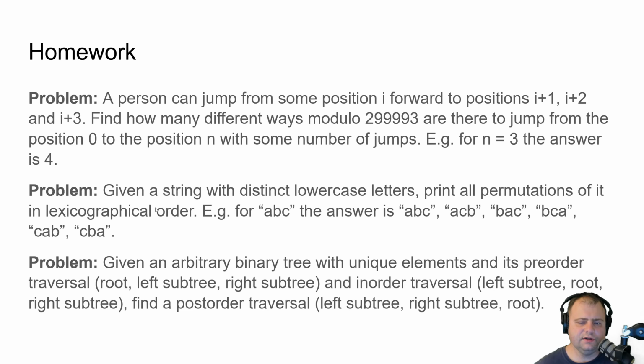So for permutations, since it's distinct, it's not that hard. You just call a recursive method with a function from depth. Then we pass a reference to an array with the current set of characters, and also we maintain which letters are already used.